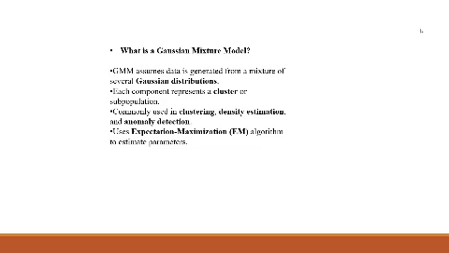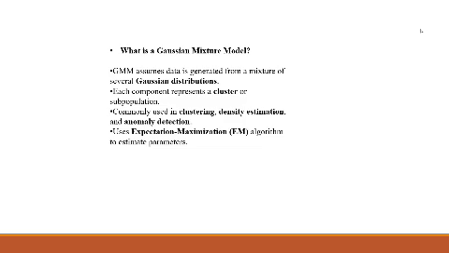GMM uses a method called the expectation maximization algorithm, or EM. Unlike k-means, which gives us hard cluster assignments, GMM gives us probabilities: a data point might belong to one cluster 70% and another 30%.